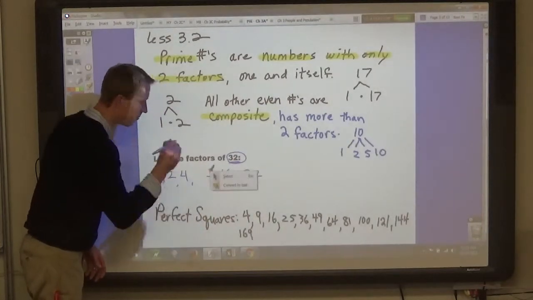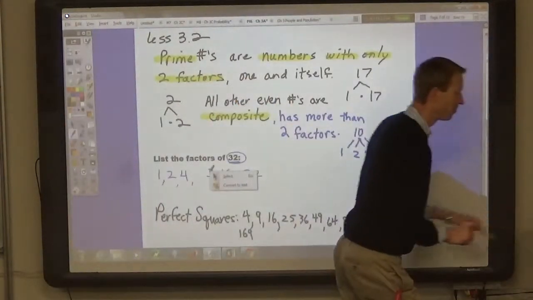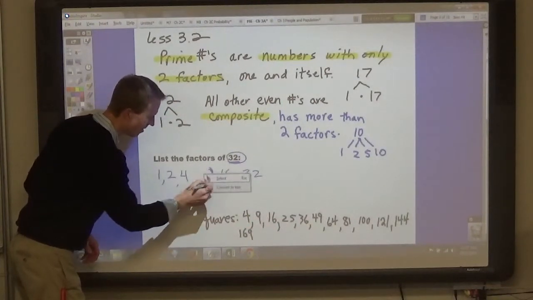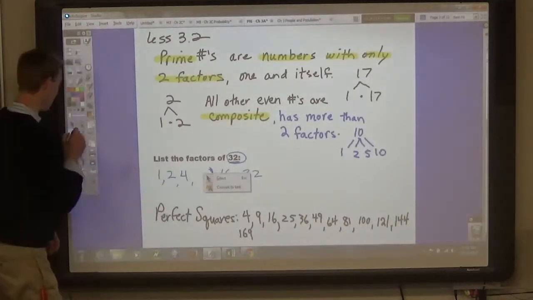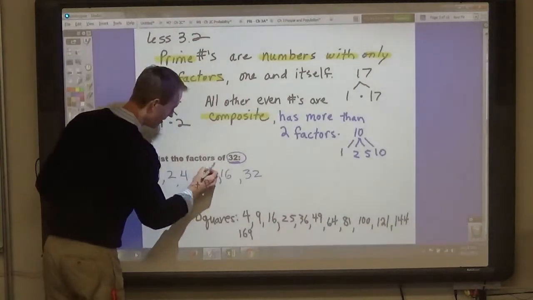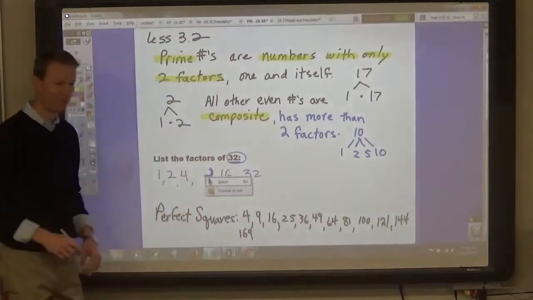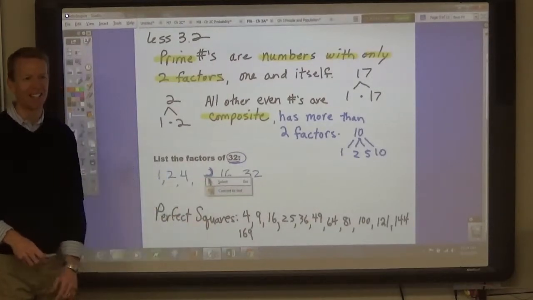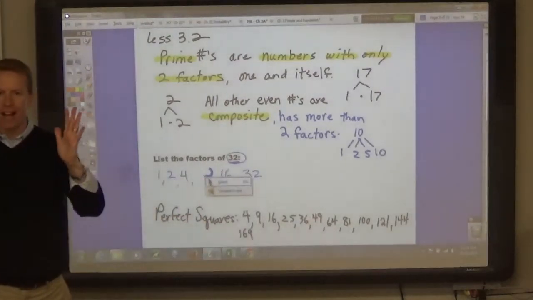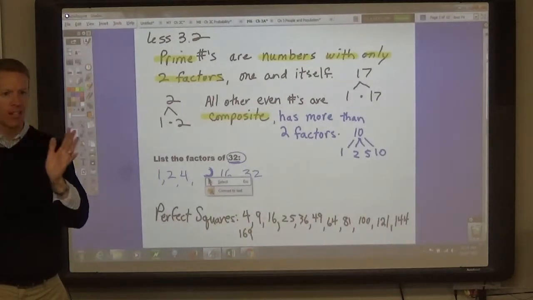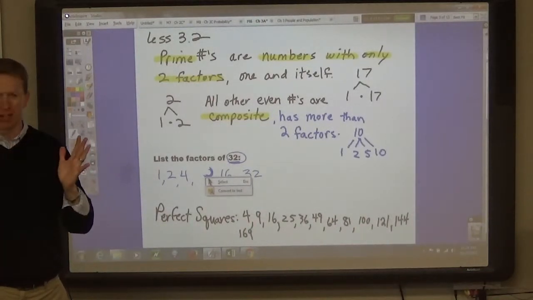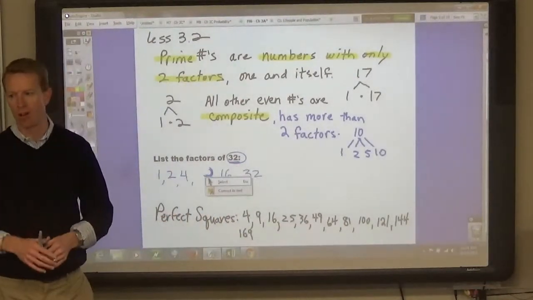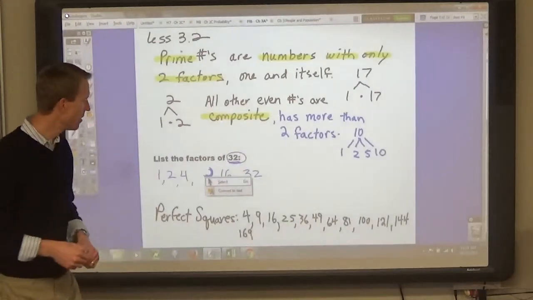Now, once you get to 5 and 6 and 7, you know that you've got them all, because you started with the highest and lowest, and then you work your way in, and you'll know that you have them all. So that's the best way to list the factors.